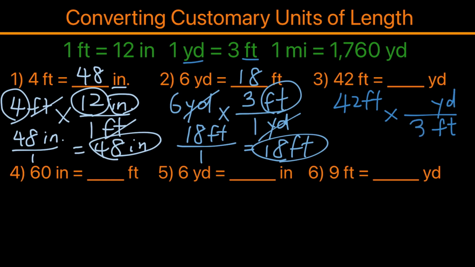It will be 3 feet equals 1 yard. Now we can cancel out the feet. And we're left with yard. So 42 times 1 is 42 yard over 3. So what is 42 divided by 3? If you punch in a calculator, the answer we'll get is 14 yards.